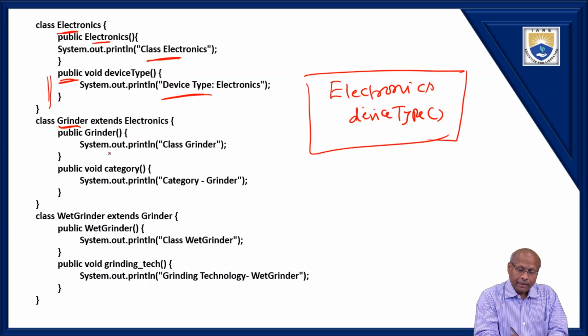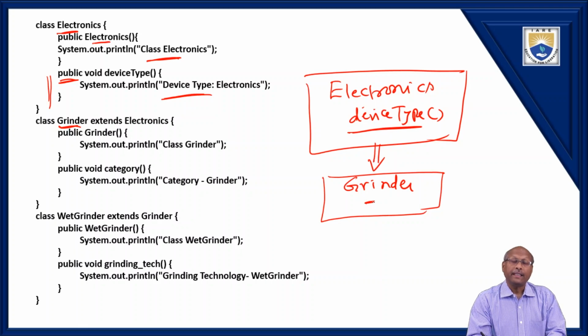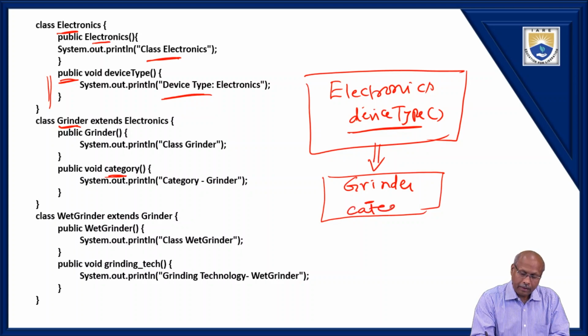Fine. Now this class is derived by another class called grinder. When I write the grinder class, it gets the property of my parent. Now device type is also available here. In addition to the parent, you can write your own method called category. Assume there is a method called category. This method is also available to this one.